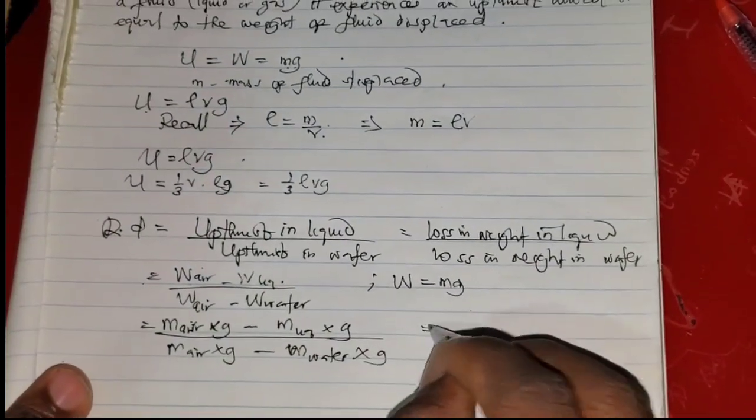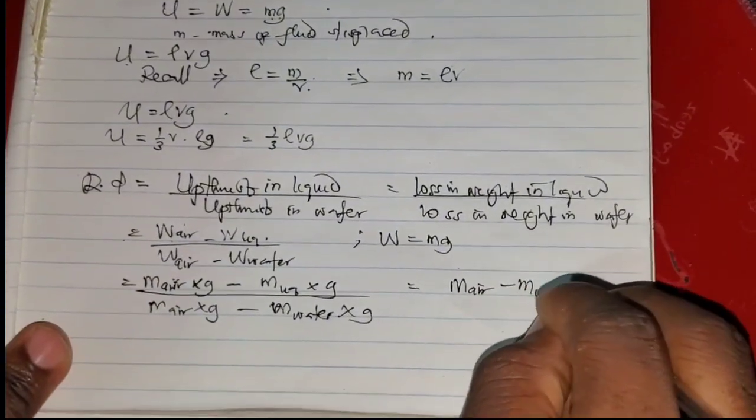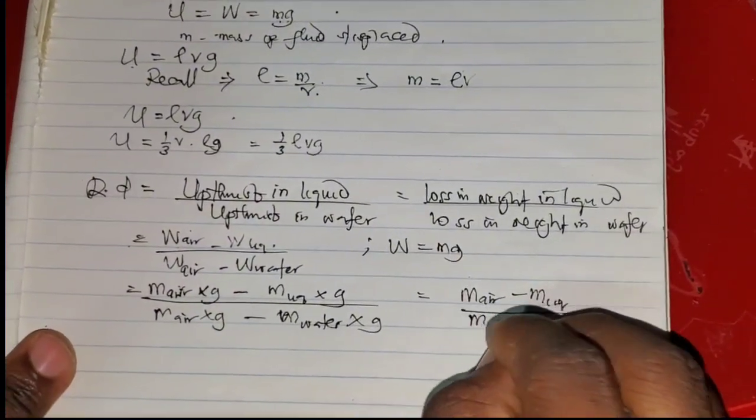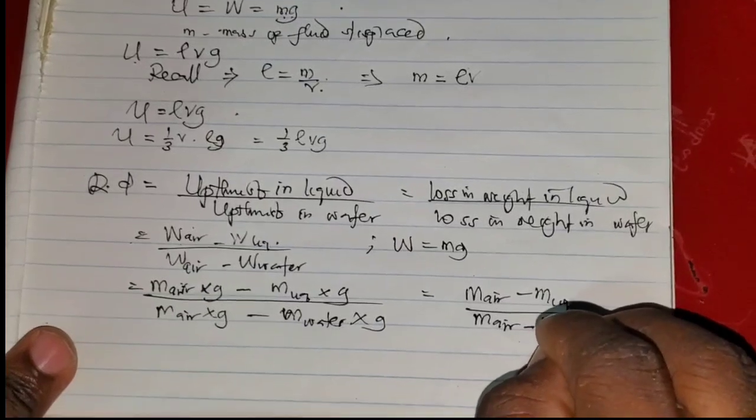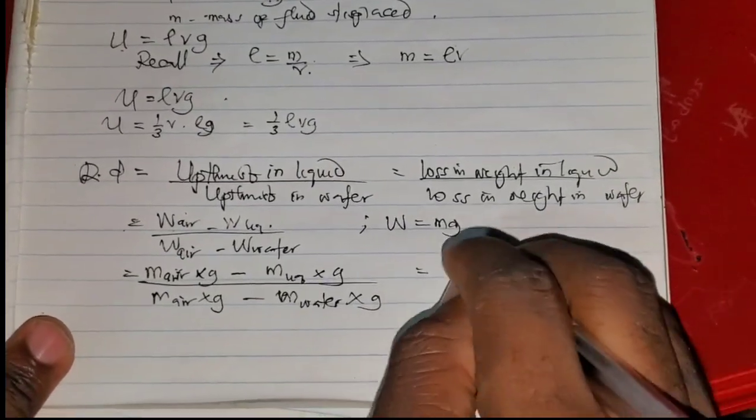Let's bring out the g's. So we have mass in air minus mass in liquid over mass in air minus mass in water. Bringing out the g, they cancel each other.